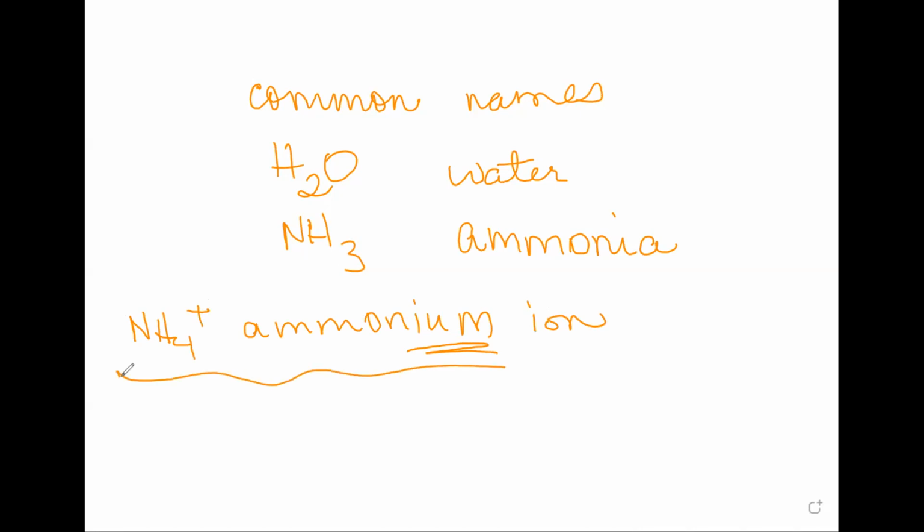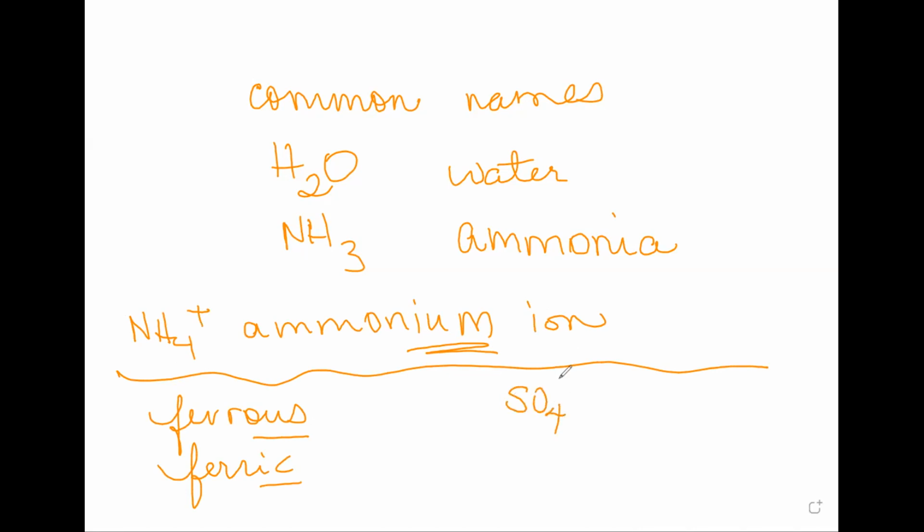Now, we also talked about these common names, this ic and this s. And when you look at your polyatomic table, you'll see acetate. Let me just give you one that has a set. So this is sulfate.